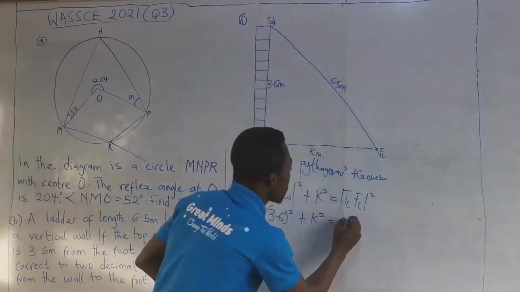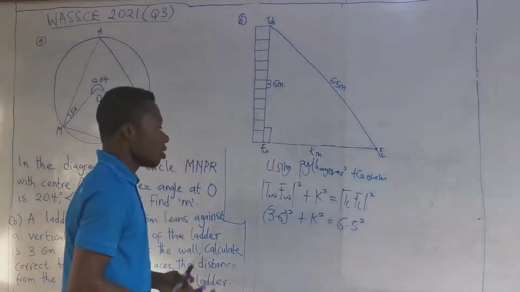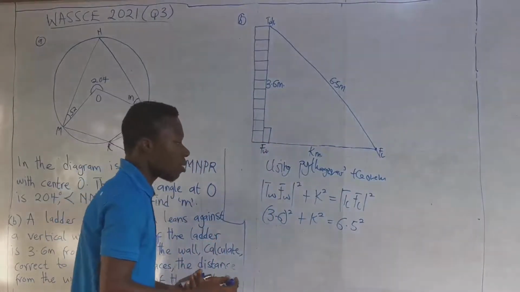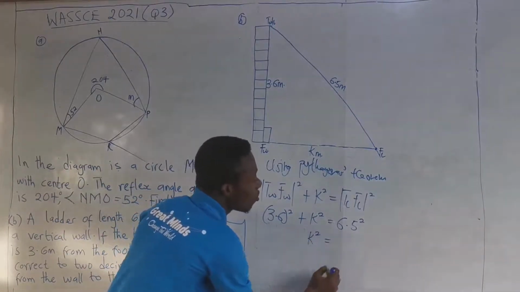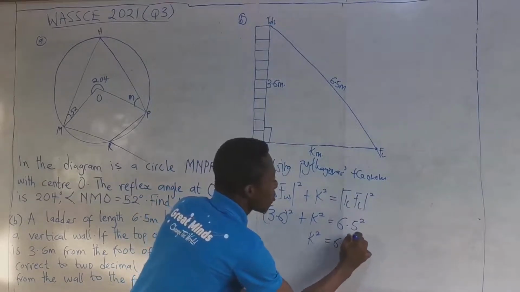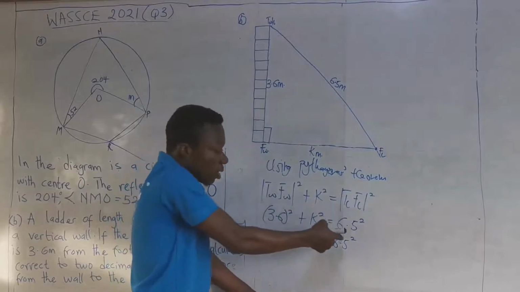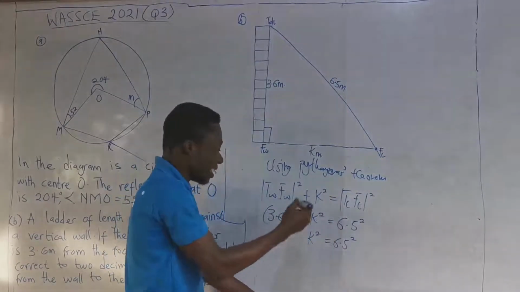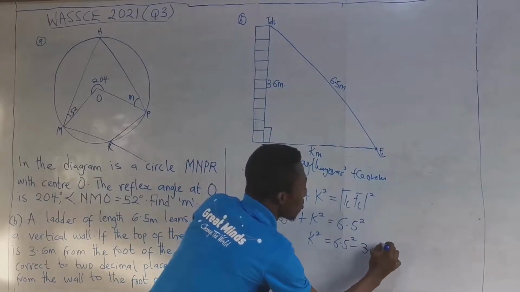So here it becomes 6.5 squared. Up to you to break it down. So k squared should be equal to 6.5 squared, and when the 3.6 squared joins, it becomes negative 3.6 squared.